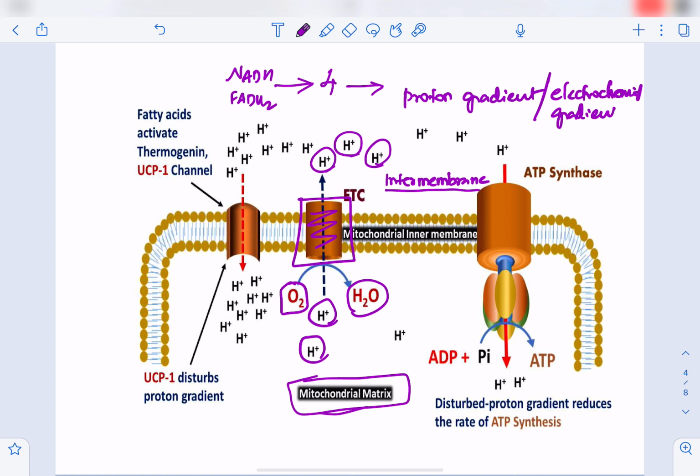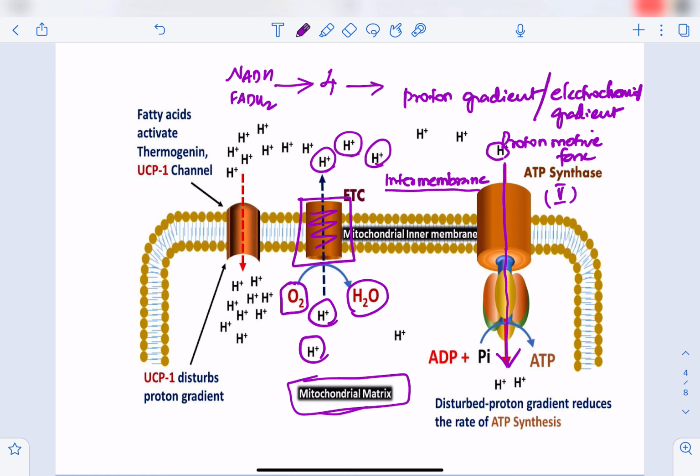This gradient is responsible for the proton motive force, which drives the protons in the intermembrane space through the ATP synthase complex, which we call complex 5, into the matrix.